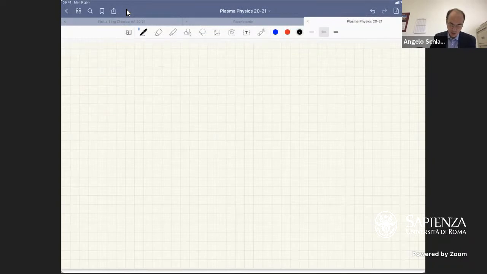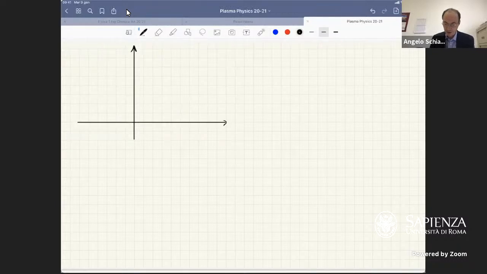It's usual to draw the dispersion relation in a plane where on the horizontal axis we have the wave number k, and on the vertical axis the angular frequency.